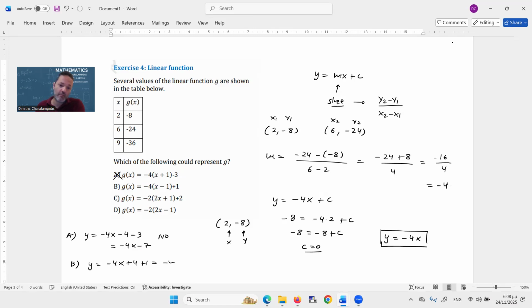That would have been -4x plus 5. That's a no again. Let's go to c. Y is -4x minus 2 plus 2, which is equal to -4x. There you are. It's c. The right answer for this question would be c.